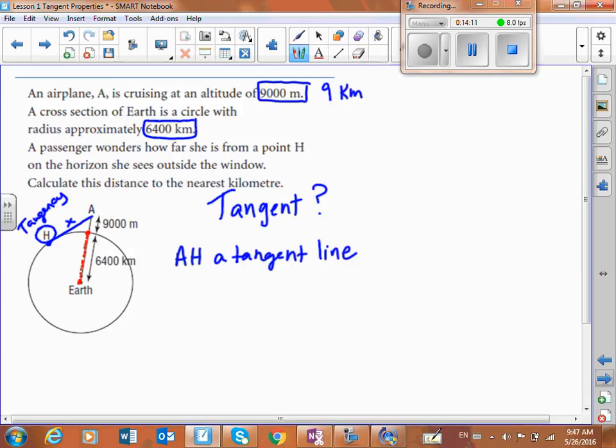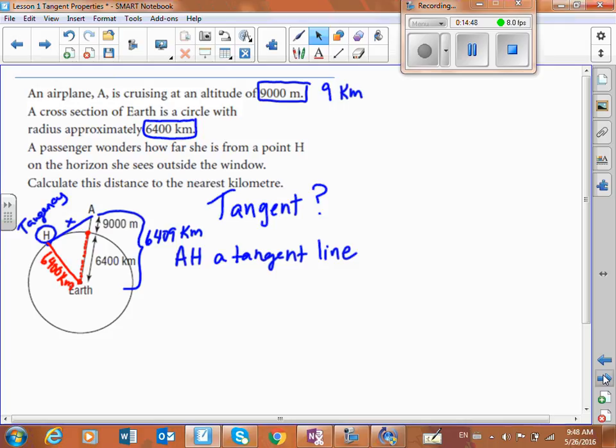If I join the center of the Earth to the horizon, I've just created another radius, and the radius is the same throughout the circle, 6,400 kilometers. Now that I've changed 9,000 meters to kilometers, this combined side length is 6,409 kilometers. And now I have a right triangle.